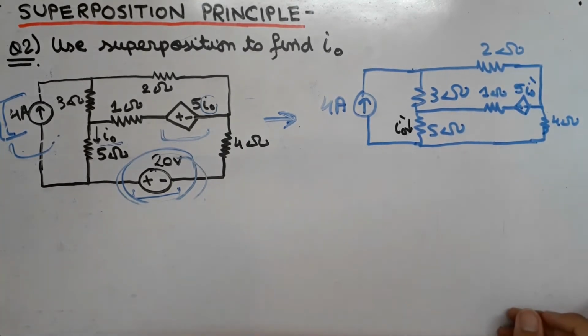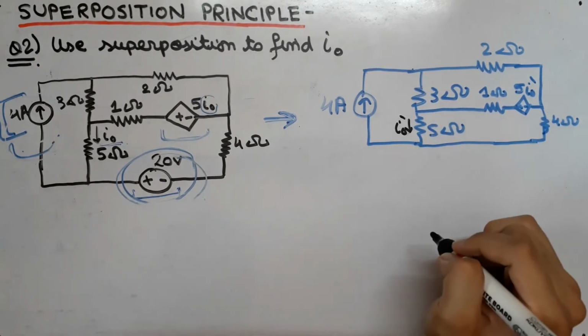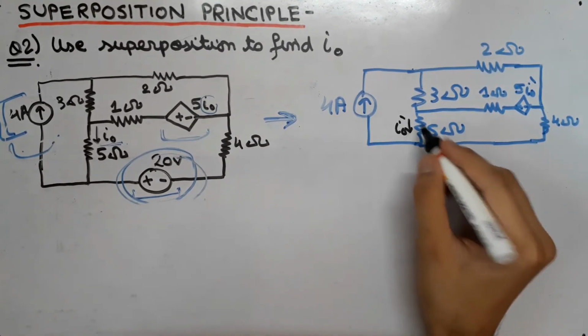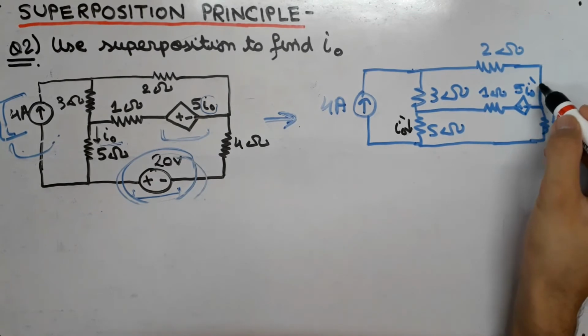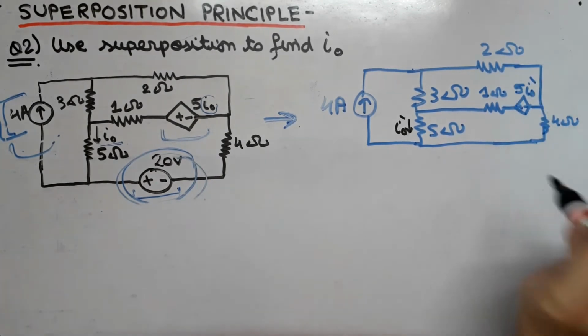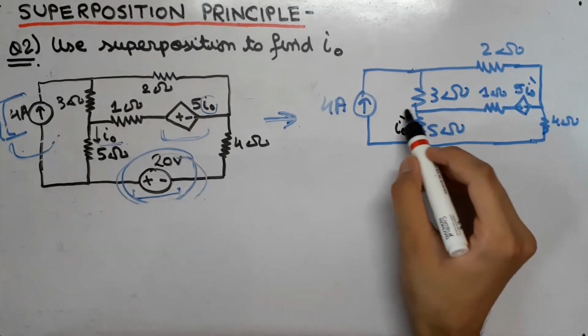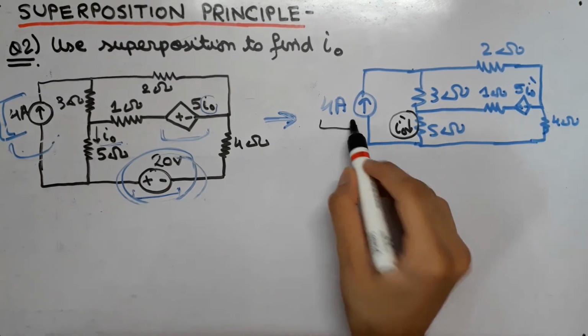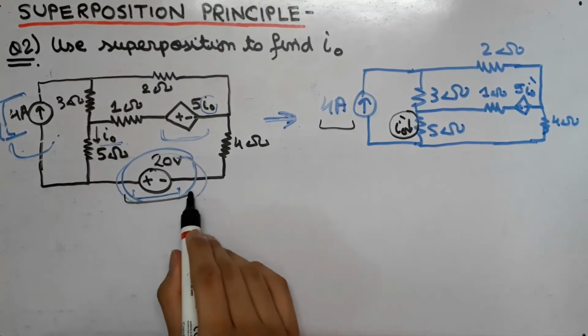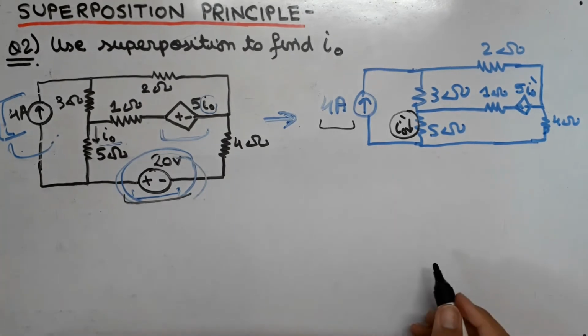Now we have drawn the equivalent circuit, and we will consider the current as I0 dash, that will flow from here to here, and we will change this I0 to also I0 dash. Now we have done this because this is the contribution due to the ammeter source. Now when we do it for the 20 volt source, we will take I0 double dash.